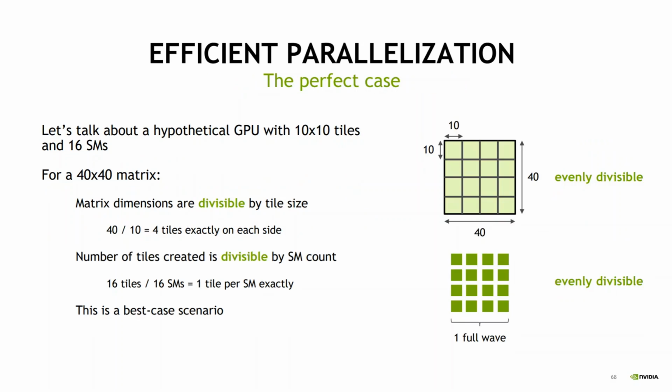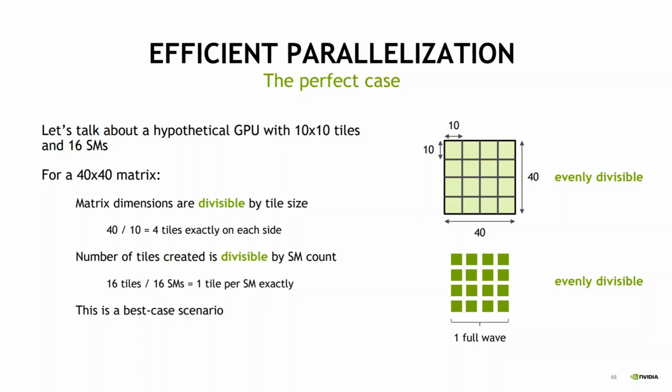Let's look at some simplified example. We have to calculate 40 by 40 matrix as a result of our matrix multiplication operation. And we have GPU with 16 SMs as an example now. And we know that for each SM it is better to operate on 10 by 10 matrices. And this means that our tile size will be 10 by 10.